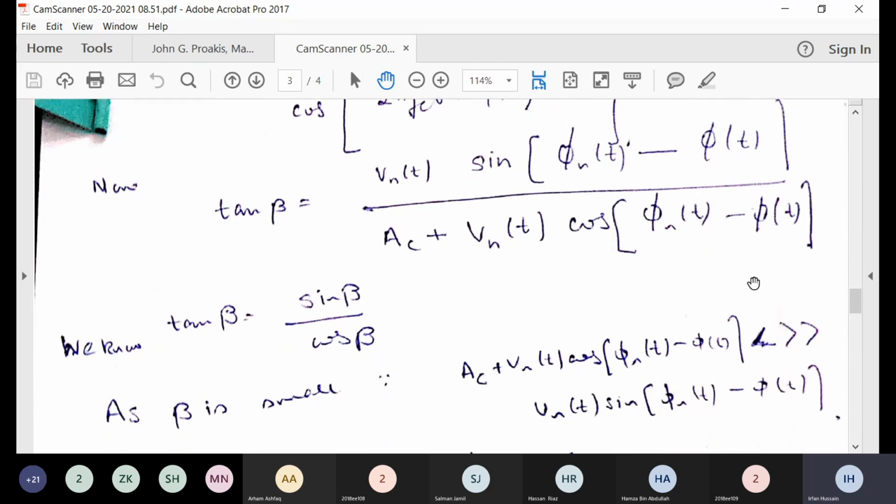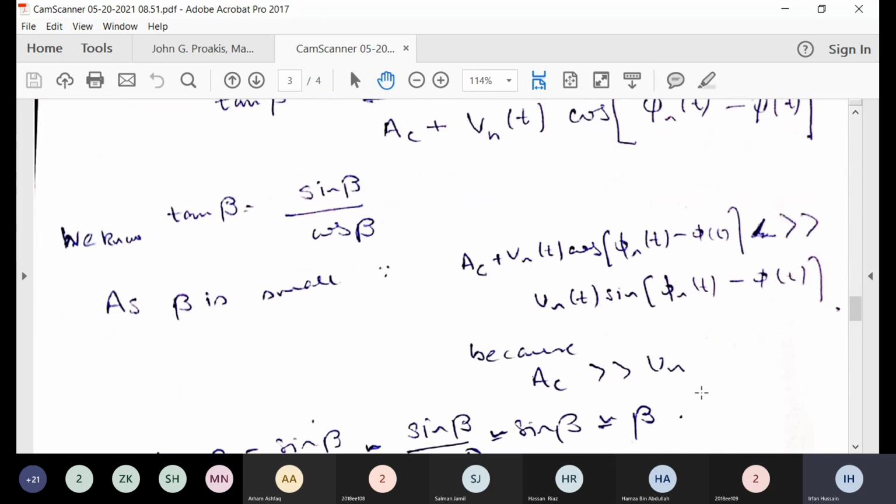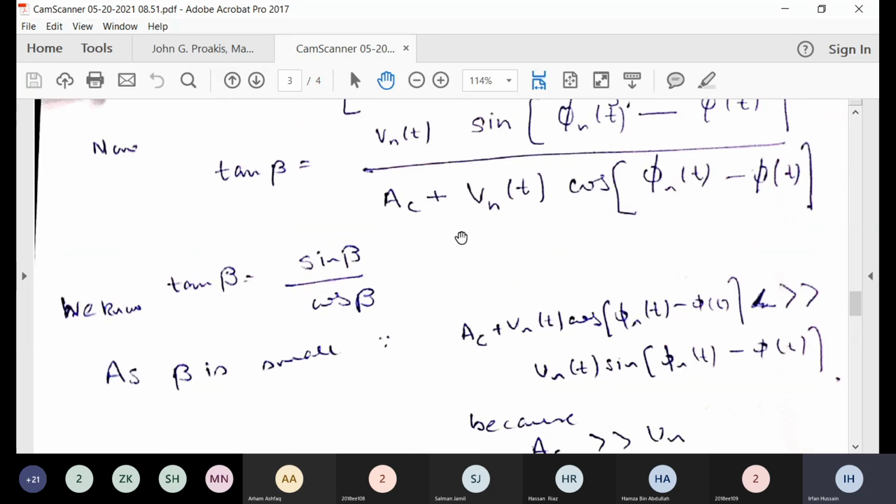Now we know that tan beta is sine beta over cos beta, and we know that beta is a very small angle. You can see why, because we know AC is much greater than Vnt, or you can say AC plus Vn cos is much greater than Vn sine, and this happens because AC is much greater than Vn. So beta will be a small angle.